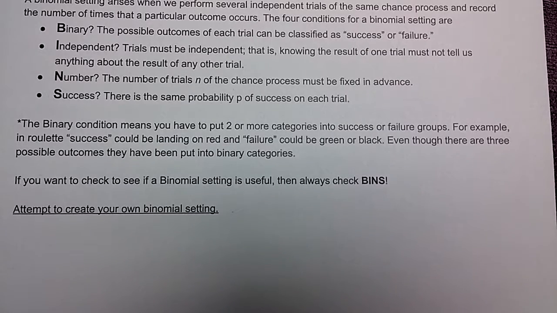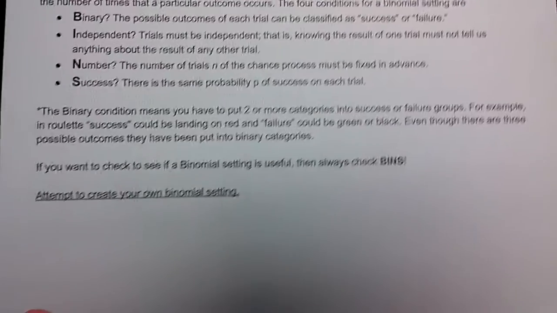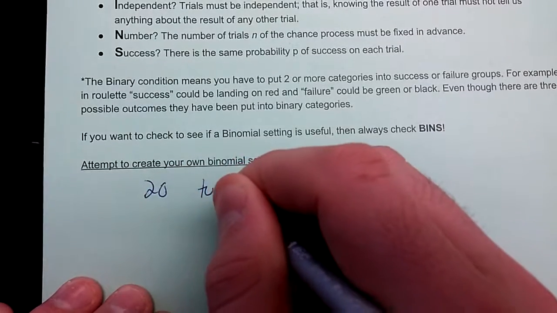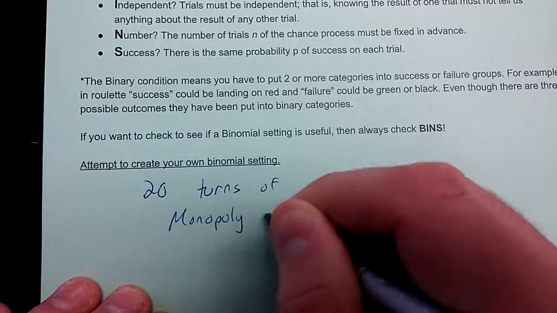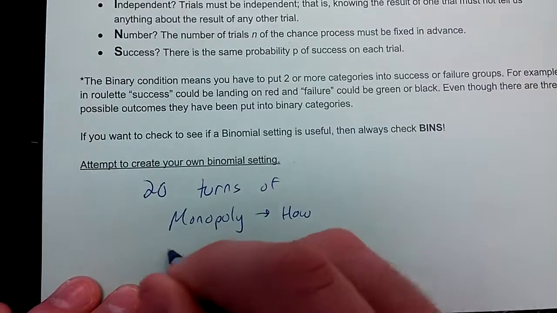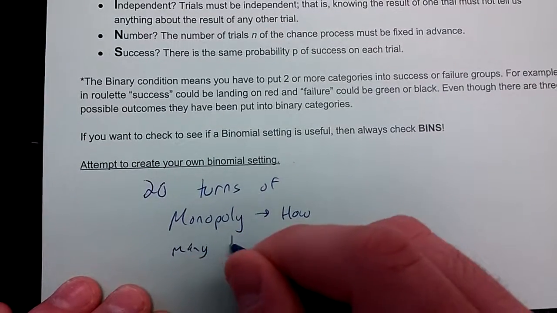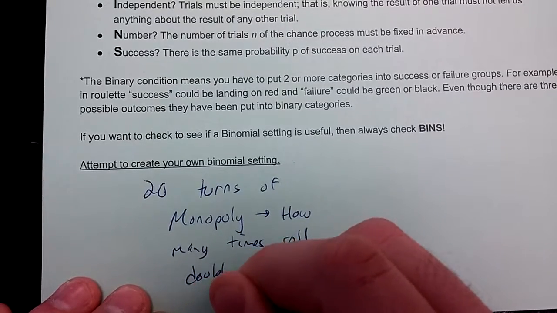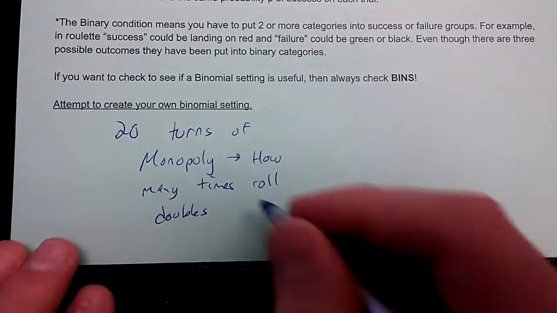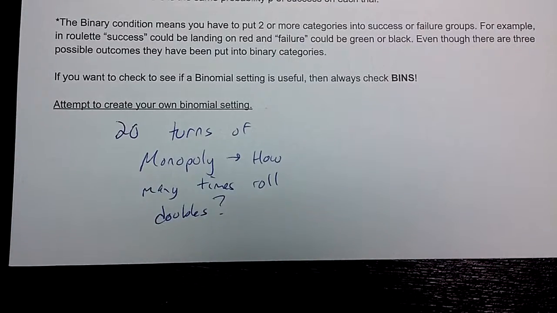So if you were to create two situations on your own, I've created a couple. For example, how many times someone rolls doubles in 20 turns of Monopoly. How many times do you roll doubles? All right, we got to think about this. B, is it binary? Yeah, you can either roll doubles or not roll doubles.